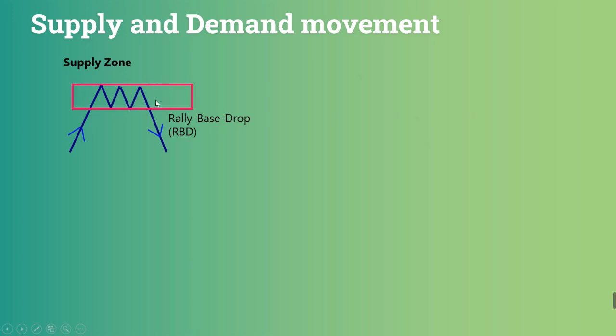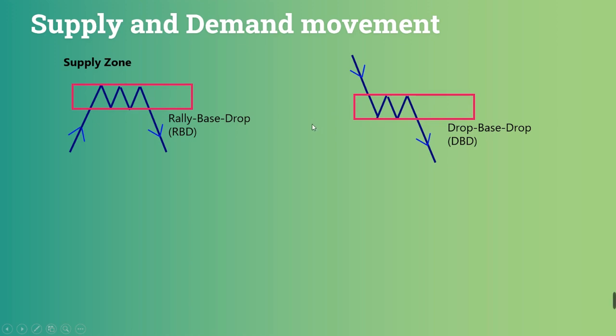The second type of supply zone is drop base drop, DBD, and this will be the supply zone. If you look at both movements, the end result is that it's pushing the price downwards, or in other words, it's selling.